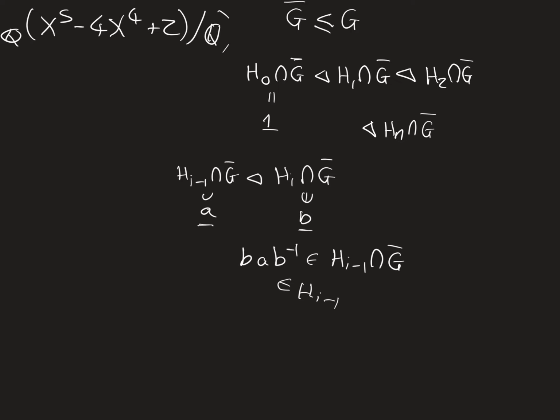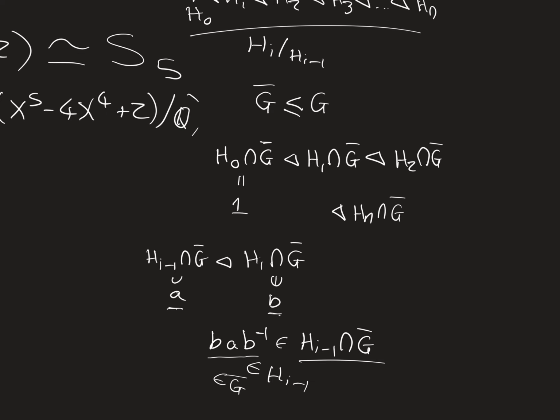But also because A and B are both inside G bar, when I compose B A B inverse, that's also got to be inside G bar, and therefore I get this. So that proves that this is an ascending chain of normal subgroups.